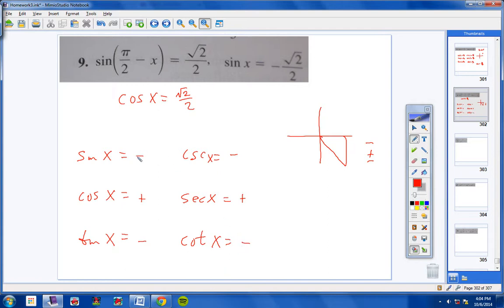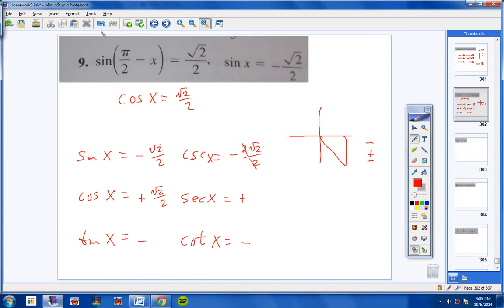Now, here we go. We know that cosine is square root of 2/2, and we know sine is square root of 2/2. So the reciprocal over here would be 2 over square root of 2. And if you rationalize, you will get 2 square root of 2 over 2. Now when that happens, notice your 2's will cancel.